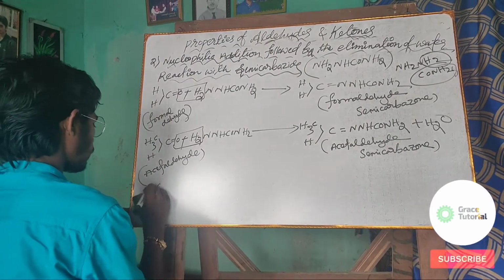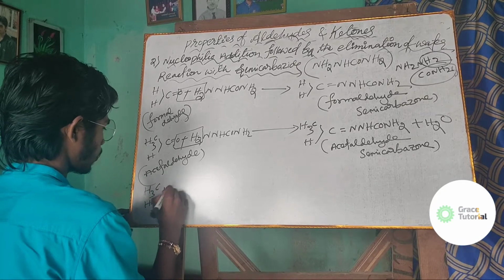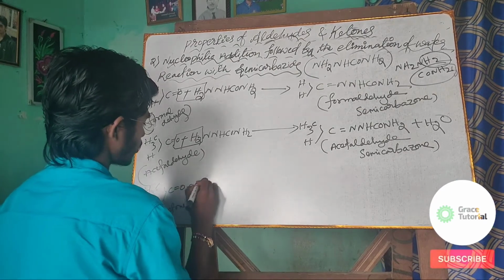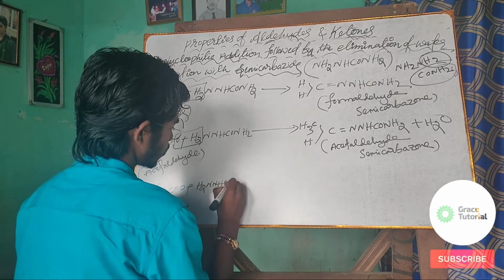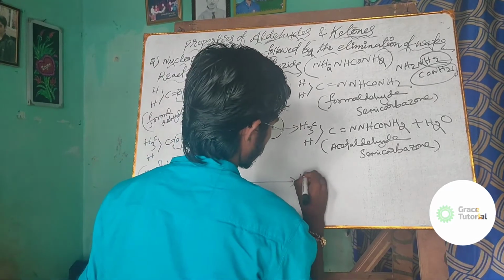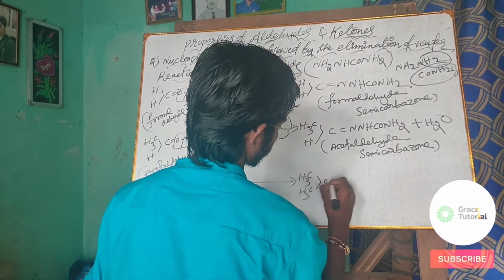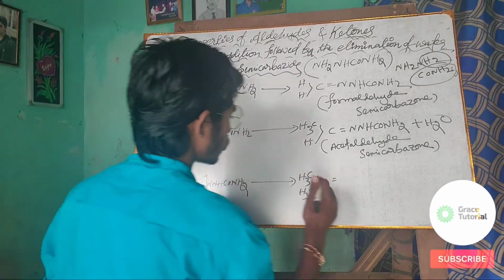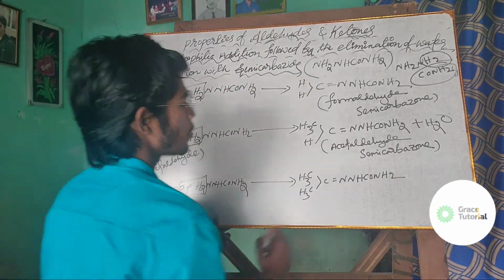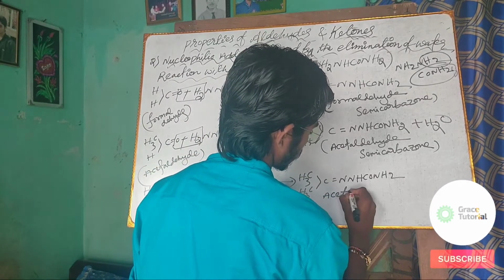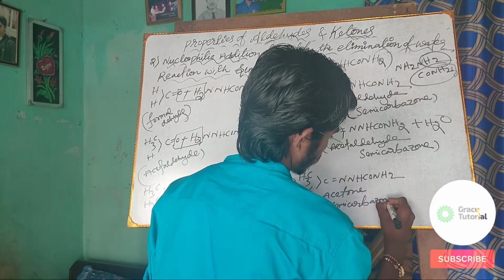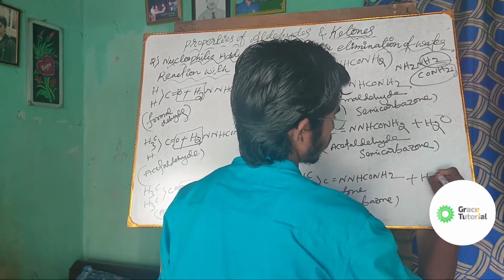If we take acetone and it reacts with semicarbazide, then water is removed, giving the NNHCONH2 product, acetone semicarbazone, with the elimination of a water molecule.